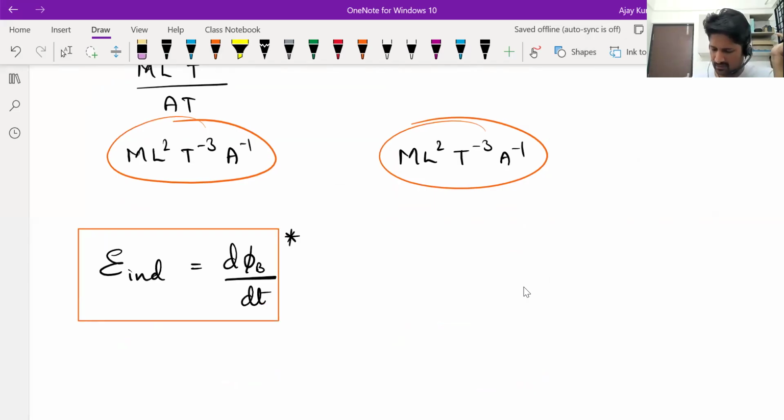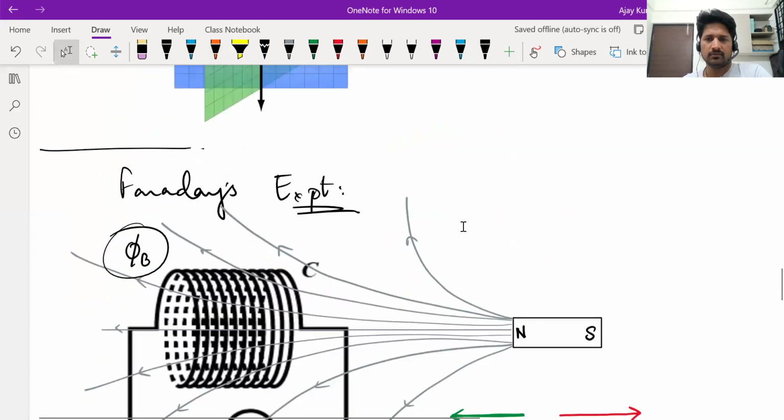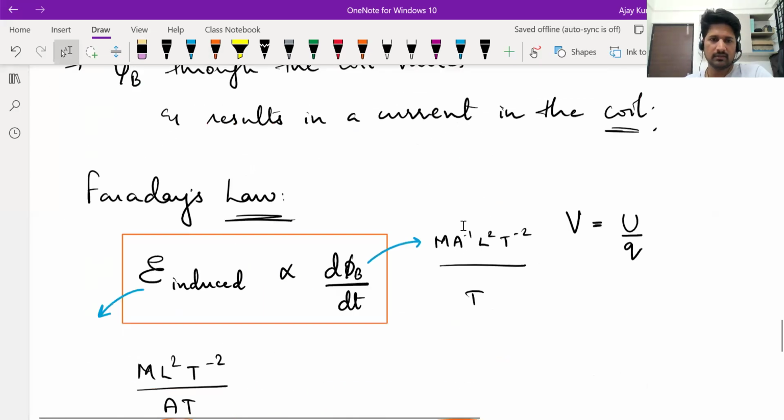You'll understand from where the minus sign comes. But mostly we'll be concerned with the magnitude itself, so we are going to use it this way, d phi by dt, without the minus sign. So just remember this point. If magnetic flux through a coil changes, there can be an EMF induced in it. Fine.